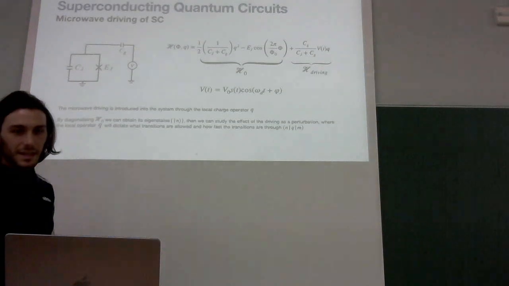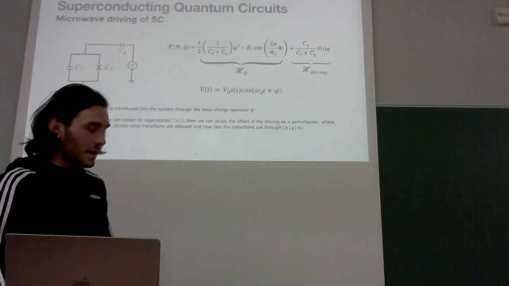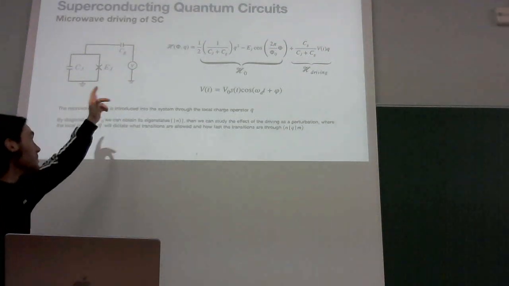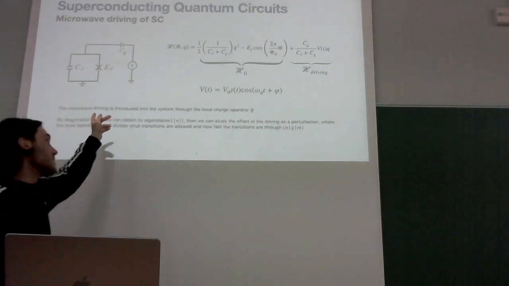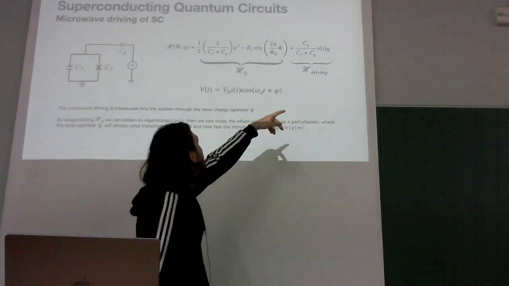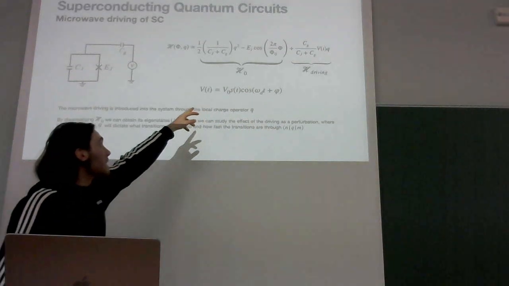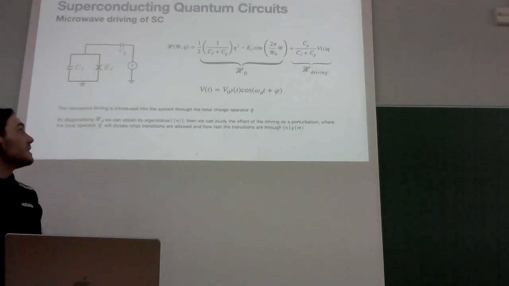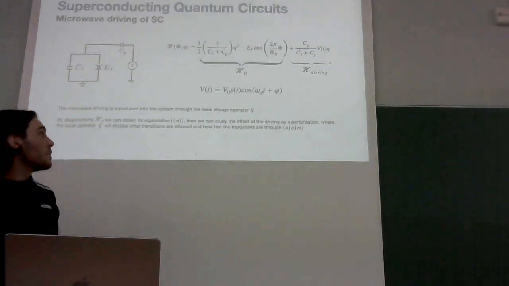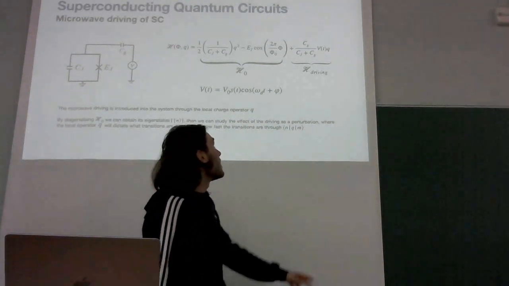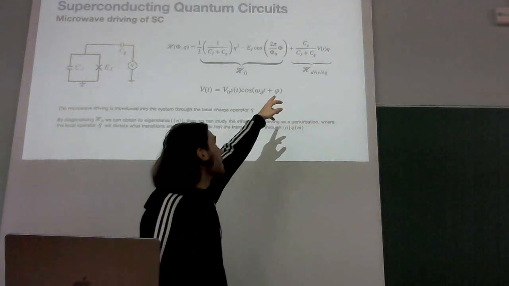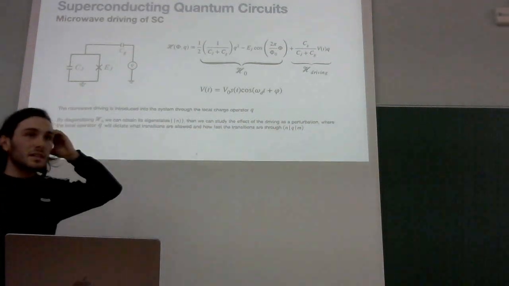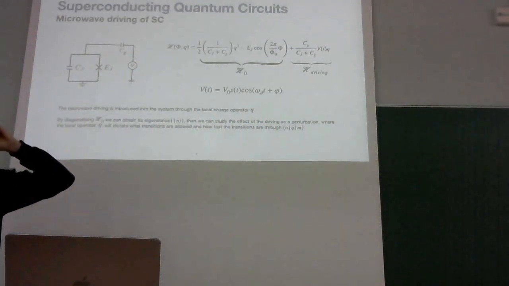If we repeat the process of finding the Lagrangian and computing the Hamiltonian, we get this expression. Let's skip that part. In this expression, we can see that H sub 0 is just the same expression as before, and we have an extra term due to the driving source, which depends on the capacitance and on the external microwave source.